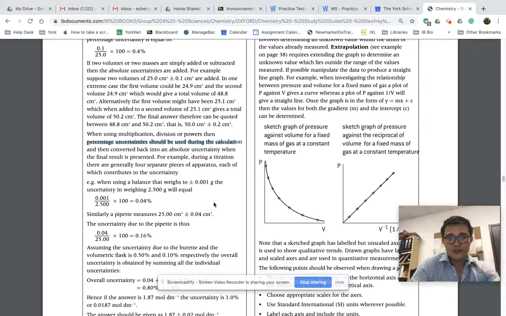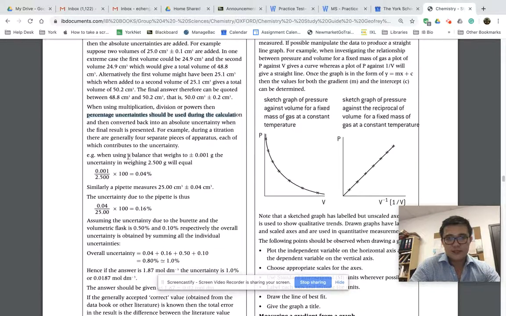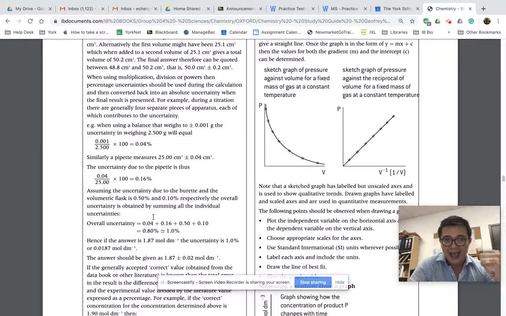Say you're using a scale that reads to 0.001 gram; you have to convert this into a percentage. A different instrument, a pipette, is 0.04 centimeter cube. As you notice, there are different units, so you have to convert them all into percentages. And then afterwards, you add the percentages together.